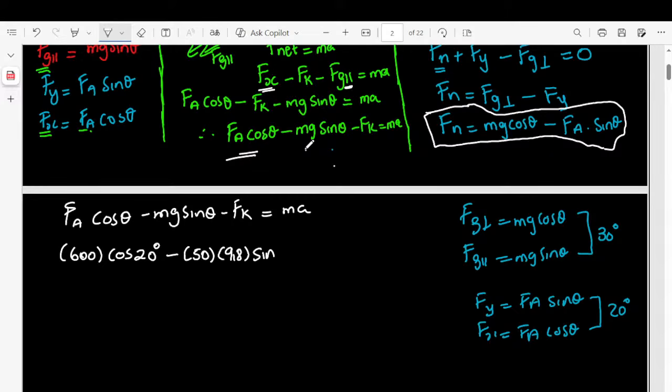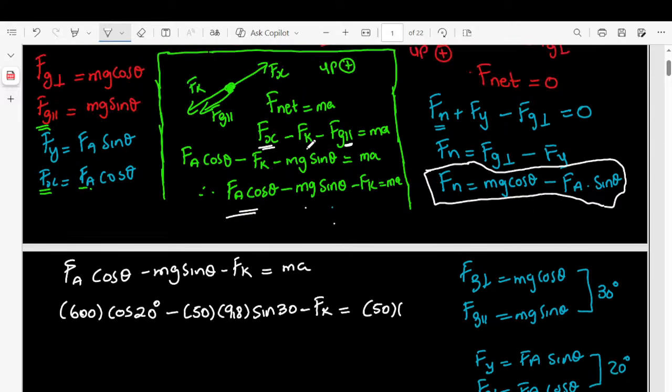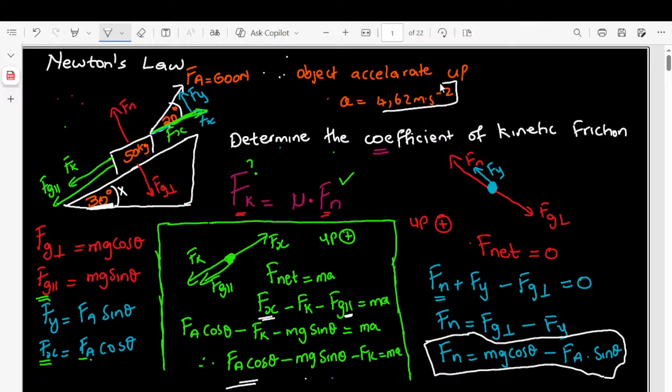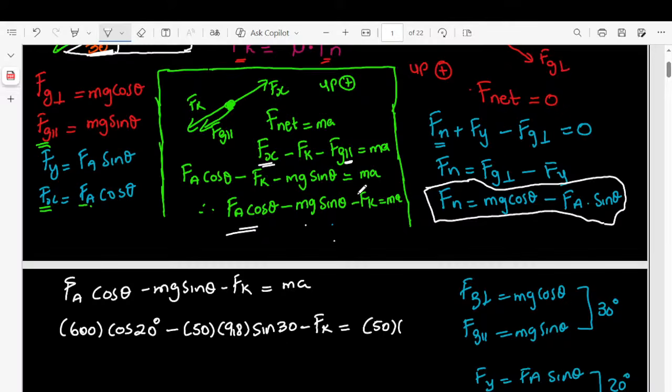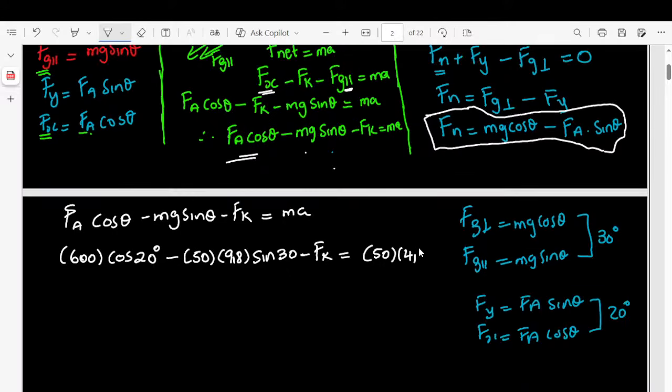Right, I see everyone is happy with that. The angle that we're going to use for this one will be 30, minus Fk, which is the one that we are looking for. It's equal to the mass, which is 50, times the acceleration. The acceleration was given as 4.62. So I'm going to substitute the acceleration to be 4.62. Therefore, the only thing that we need to do is to find our Fk.